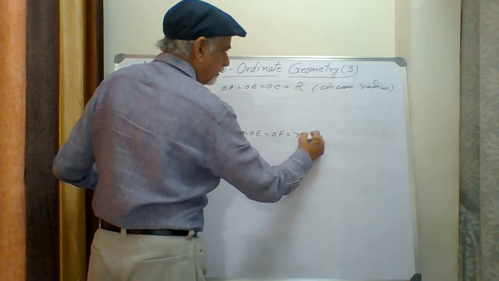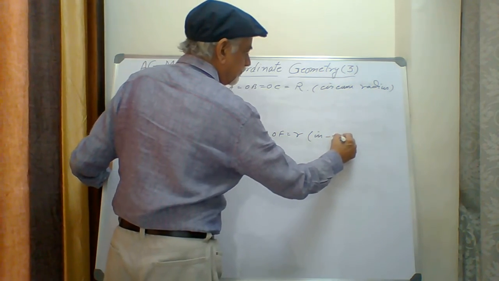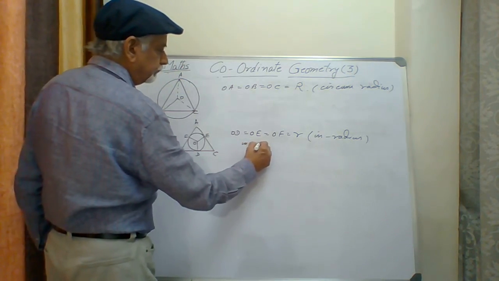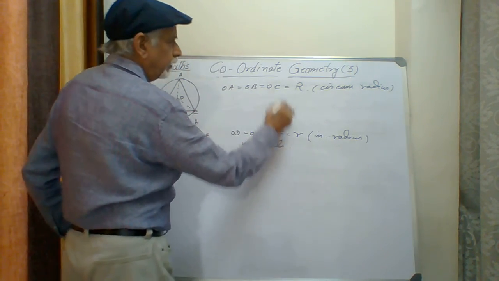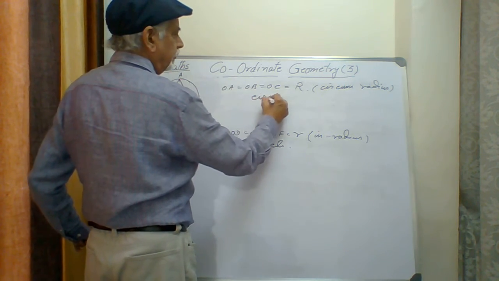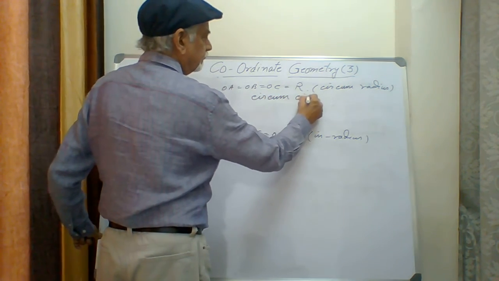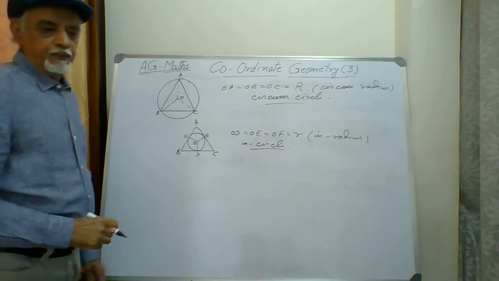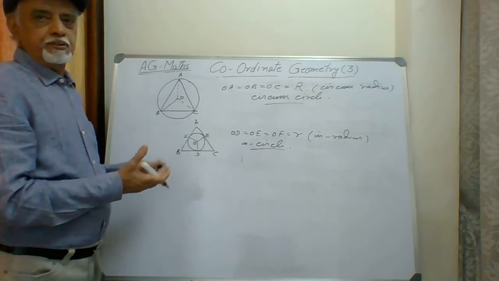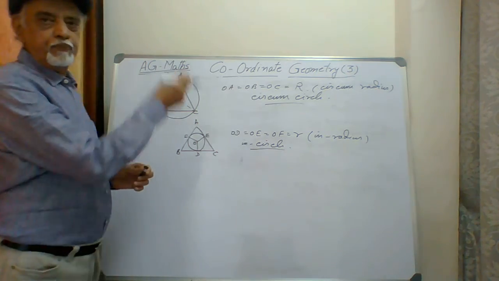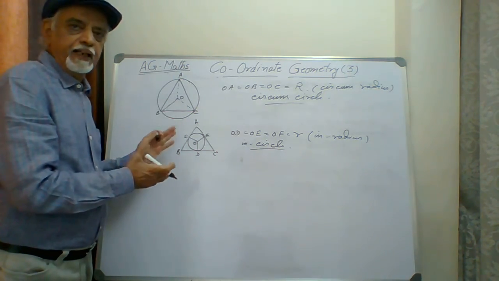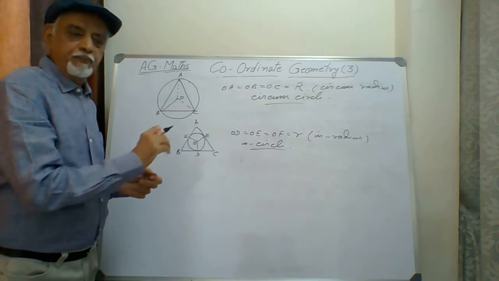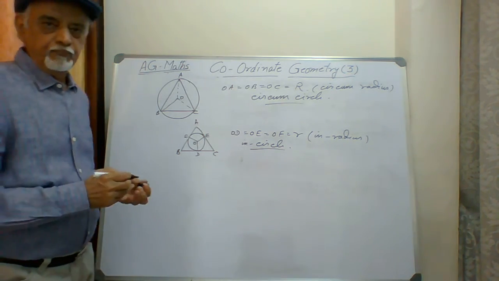It is the small r, the inradius, because the circle is called the incircle. This was called the circumcircle. Right? Similarly, we can find the orthocenter. Orthocenter means if I draw perpendiculars from the vertices ABC of the triangle on the opposite sides, they will also intersect at one point, and that point of intersection is called the orthocenter.